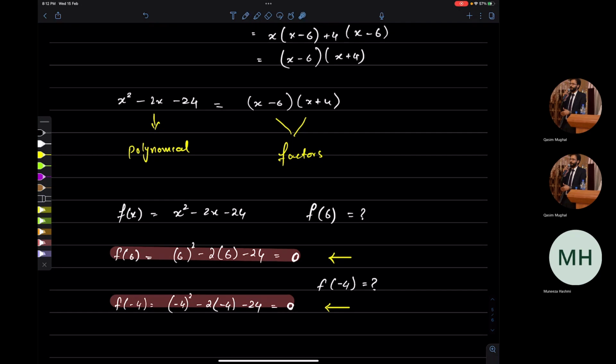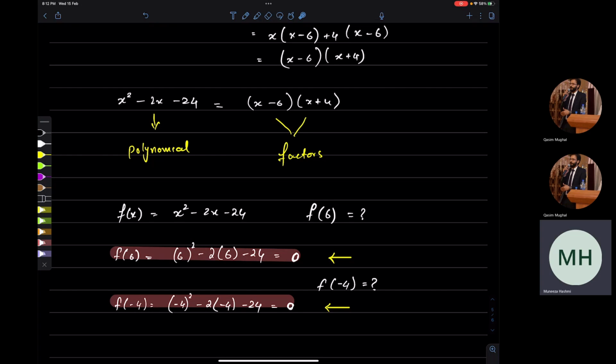Now, where did I get these two numbers, 6 and -4, from? From the factors. Are they the exact numbers from the factors?